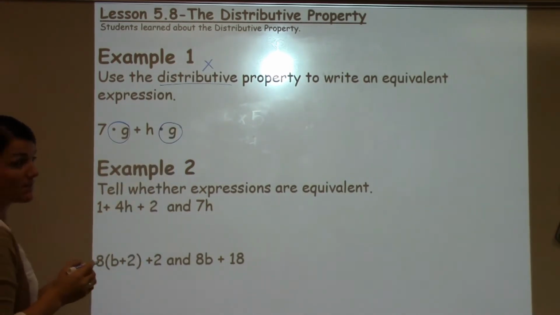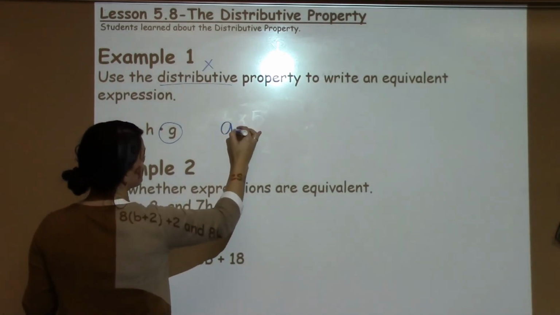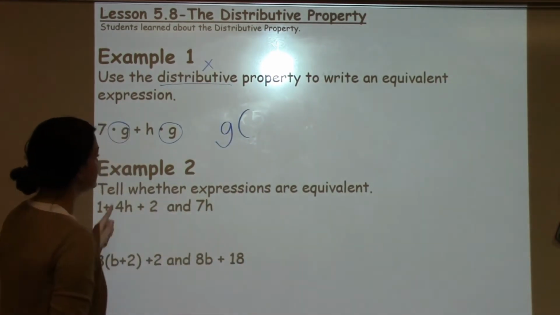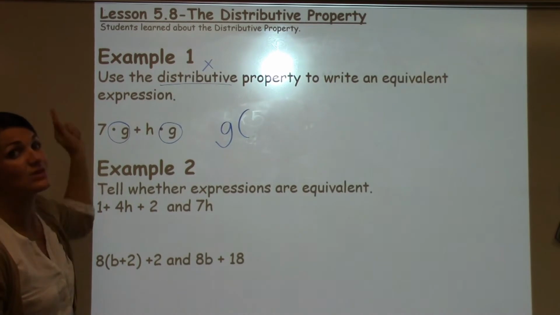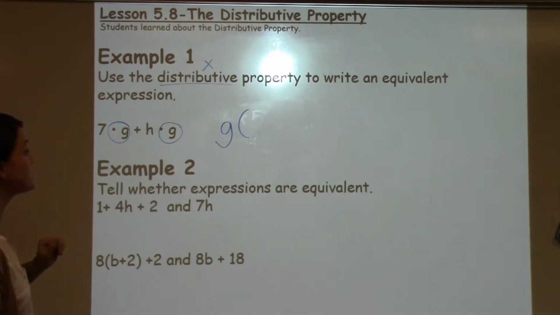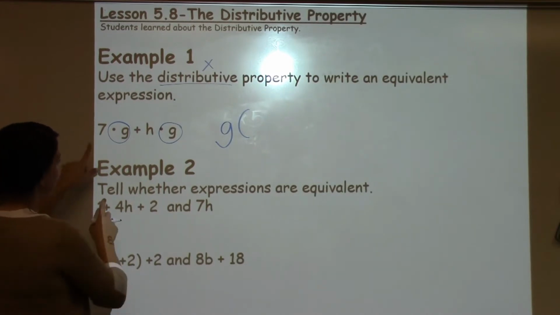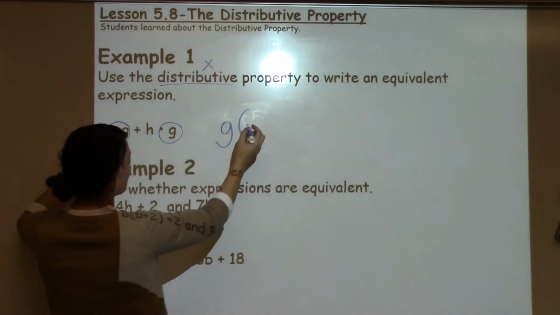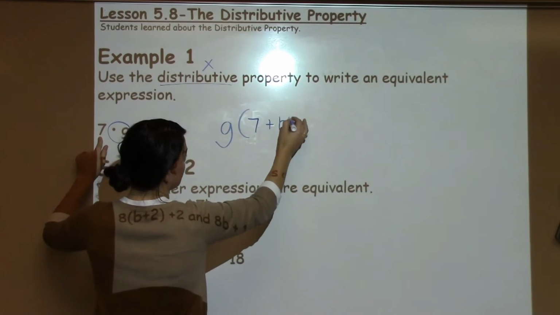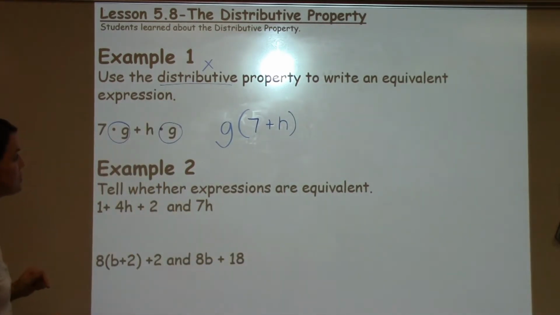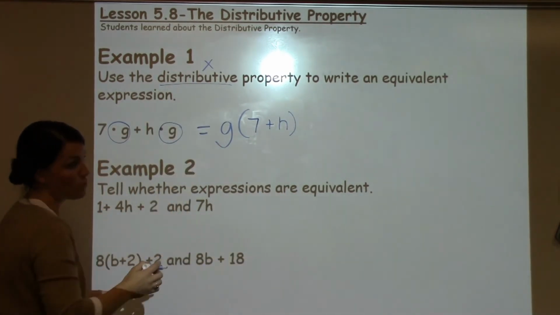So that to me means that the g can come outside of the parentheses because it's going to multiply by whatever's inside the parentheses, and it will distribute itself using multiplication to whatever's inside. And then I can move 7 plus h inside the parentheses, and these two expressions are now equal.